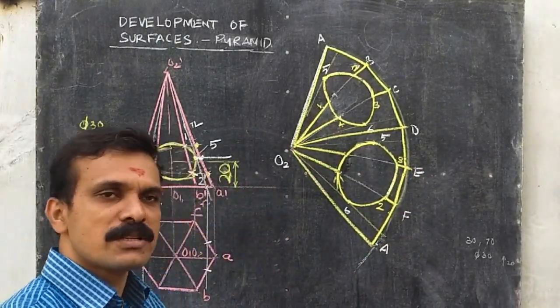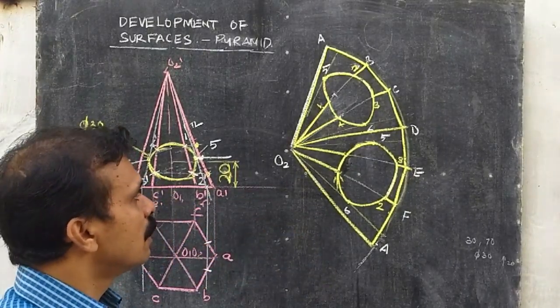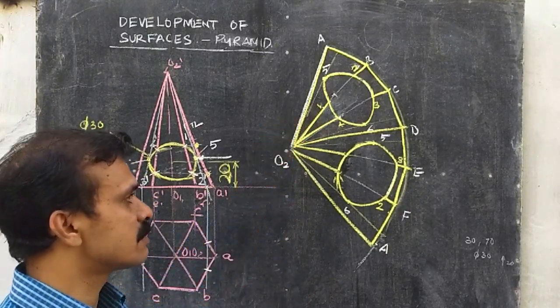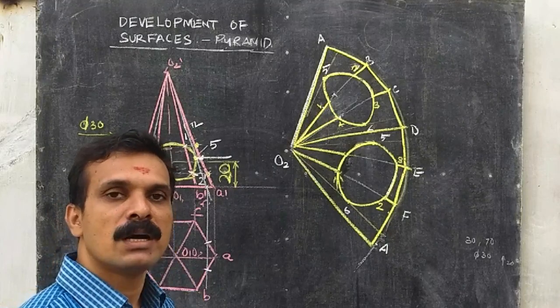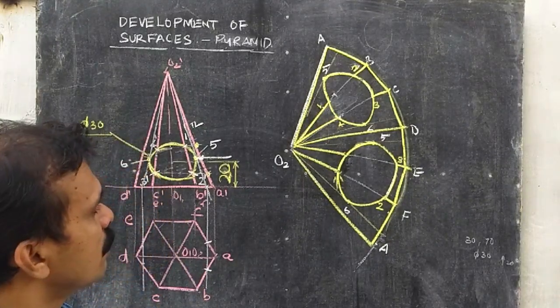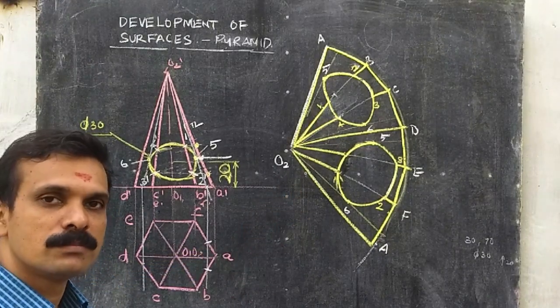These are the actual slant edges, so it should be drawn with thick lines. The other 4 we have obtained as construction lines for constructing this development, so it should not be darkened. It should be drawn with a thin line. So this is the development of a pyramid with a hole.